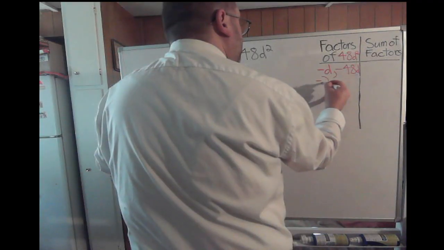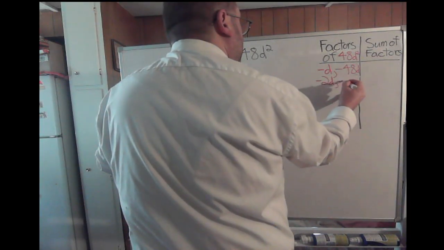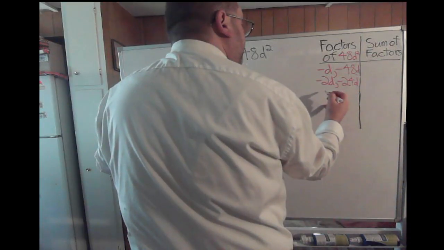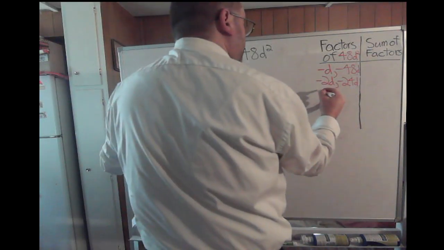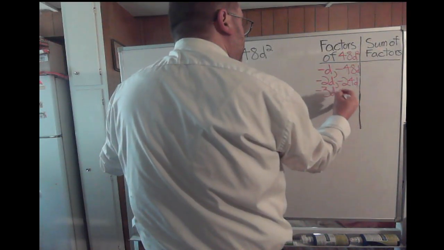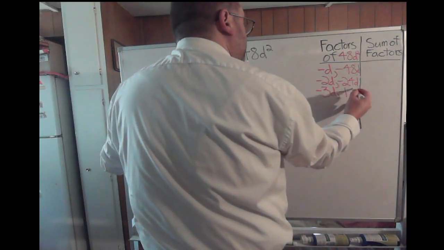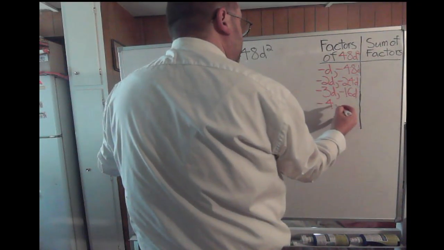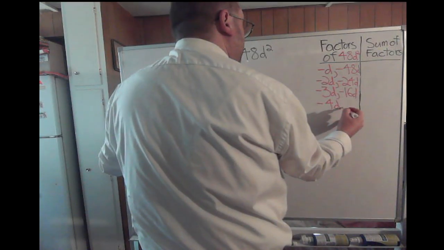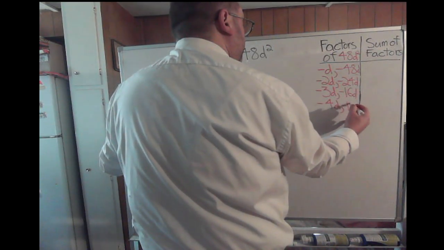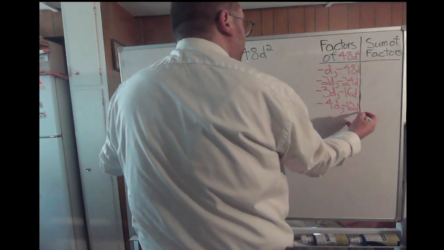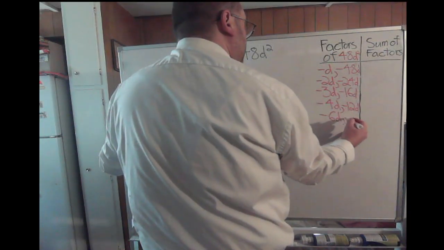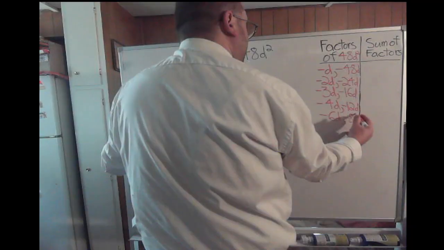You'll get negative 2d, negative 24d. Then what else would you get? You get negative 3d, negative 16d, negative 4d, negative 12d, and you got negative 6d, negative 8d.